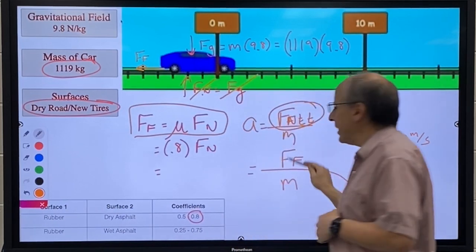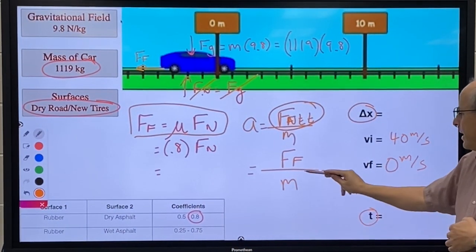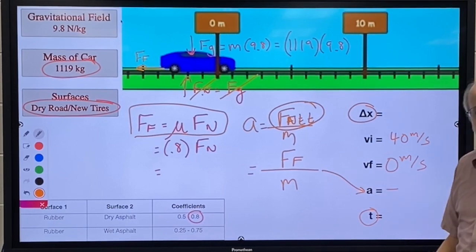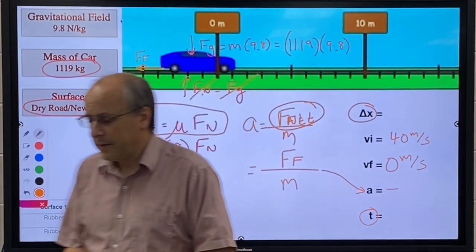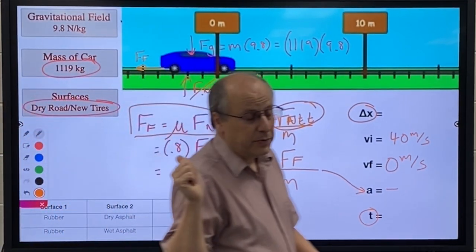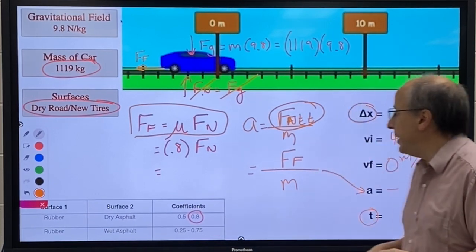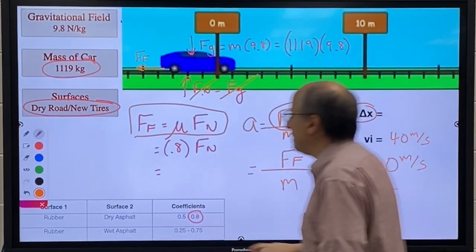Use your Newton's second law equation with friction as the stopping force. Get that acceleration, make it negative because you're slowing down, and put it into your list. In this case, we know the starting speed, we know the speed we want to end at, so we should be able to work through this problem.